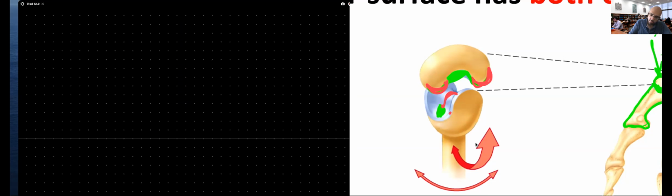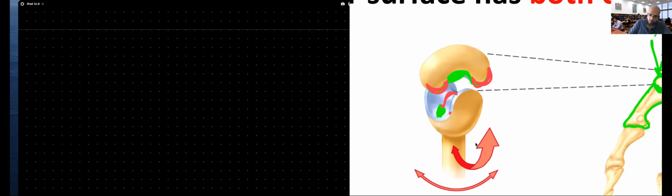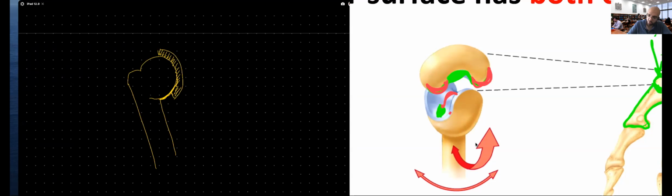The last type of synovial joints that we've seen was the articulation between a bowl-shaped articular surface and a socket-shaped articular surface. And we have two major examples in the body of the ball and socket joints.